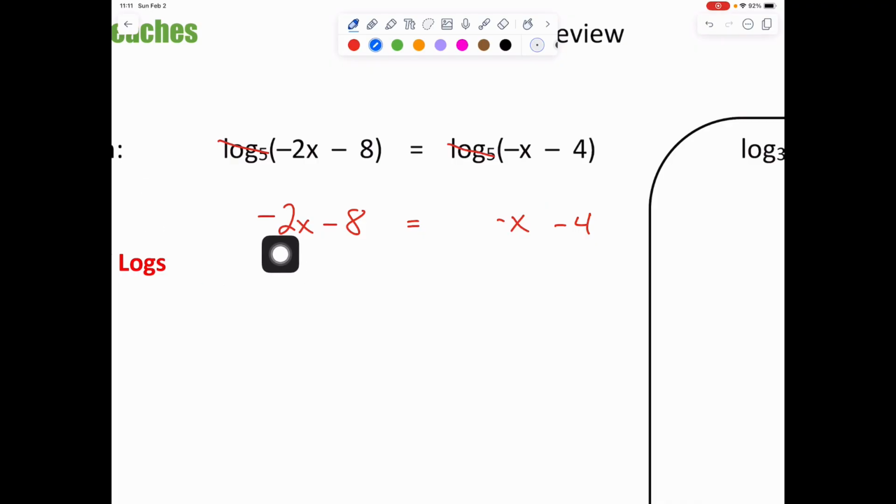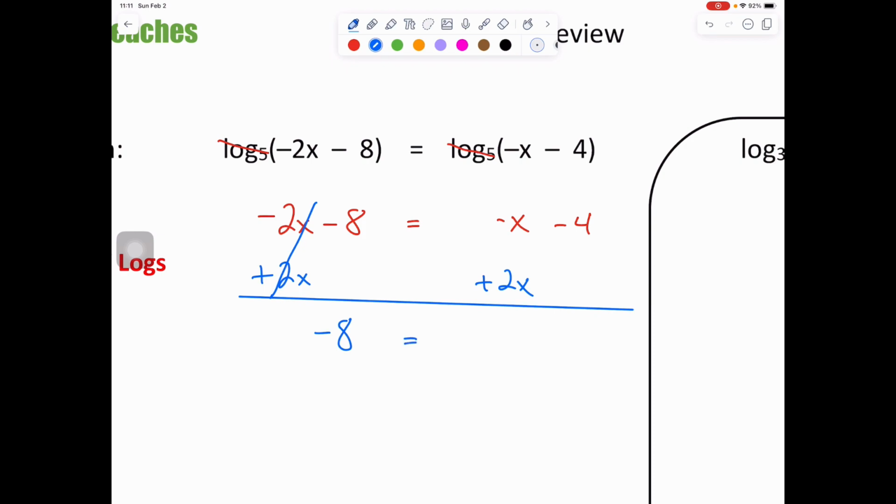All right, we have an x on both sides. We will add 2x, as we do know now that we need to play the game of inverse operations. Let's do the opposite, plus 2x. Because what we do to one side of an equation, yes, we must do to the other. Bring down our negative 8, bring down your equals, negative x plus 2x still leaves us 1x. Bring down your negative 4.